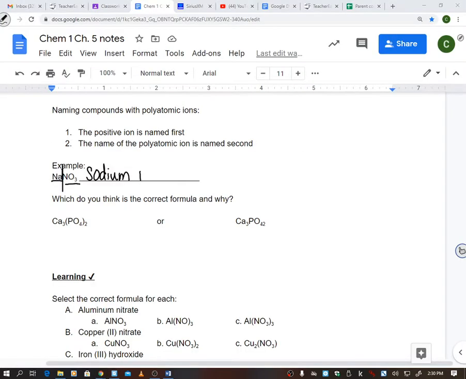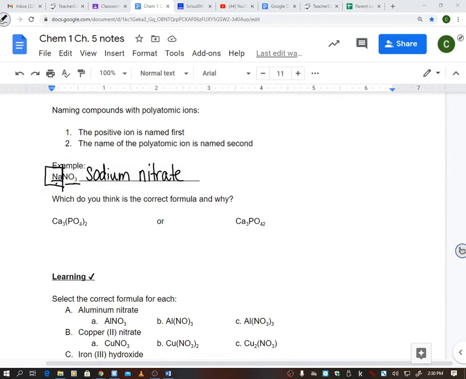This is sodium nitrate. Now the big thing that we learned in section 3 is: do I know the charge of this? Because if I don't, then it's probably coming from a transition metal and I have to figure it out and use a Roman numeral. But sodium is in column 1, and I know that's always going to be a positive 1 charge, so I don't need to do that. Just name it, sodium nitrate.